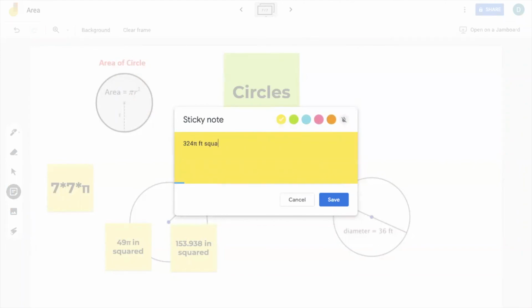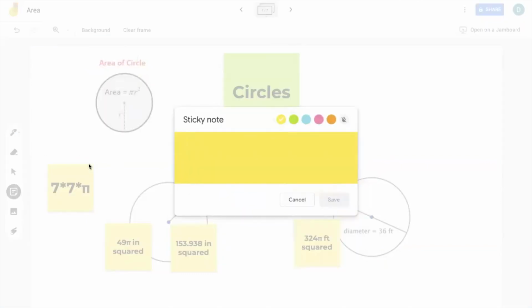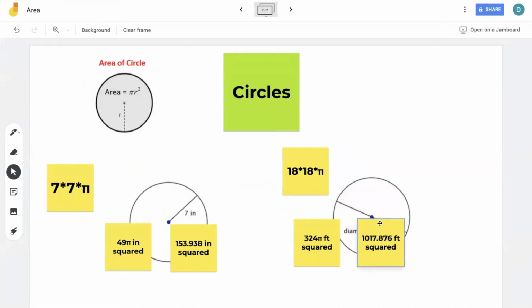This is the first one in feet we've had, squared. Now the approximation for that is 1017.876. Again, both of these answers would work for this circle.